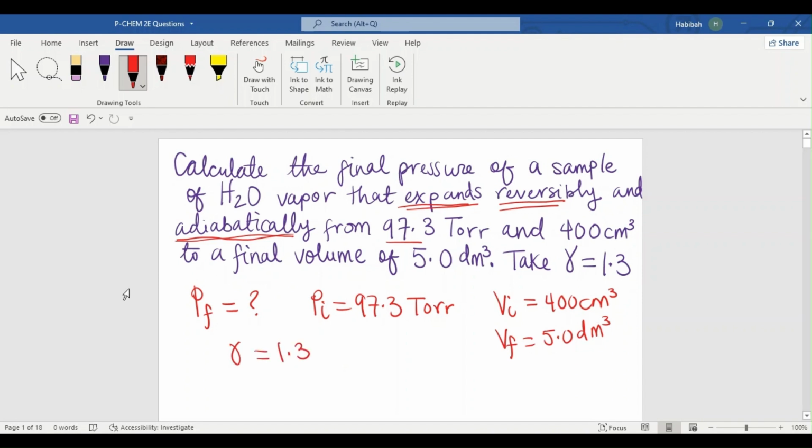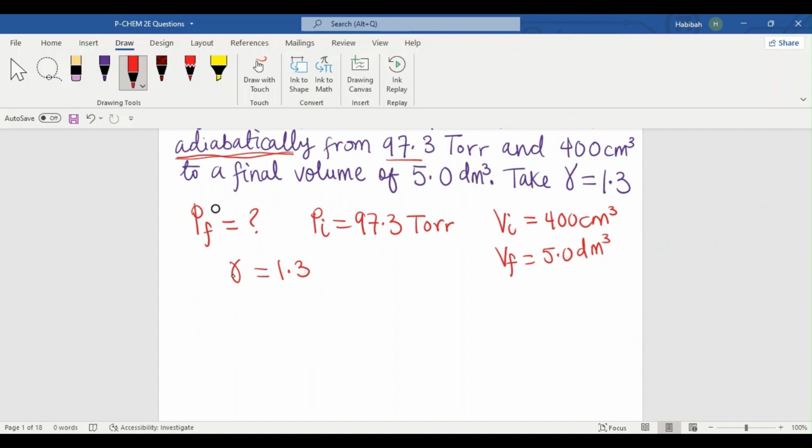Now, the first thing you have to note is this. For an adiabatic reversible expansion, what you have is P initial times V initial raised to the power of gamma equals P final times V final raised to the power of gamma. So therefore, P final is going to equal P initial times V initial raised to the power of gamma divided by V final raised to the power of gamma.